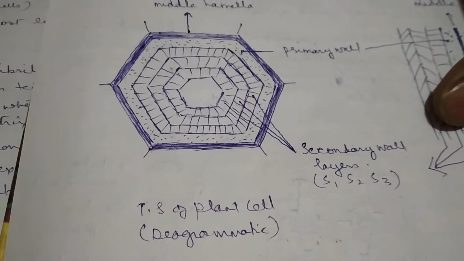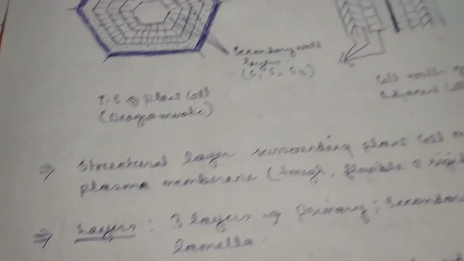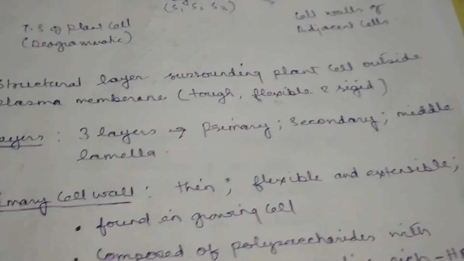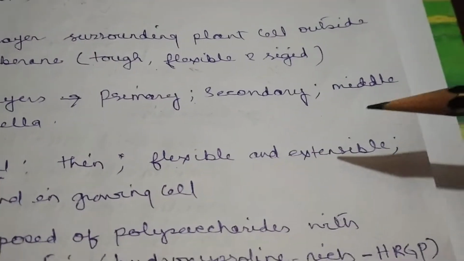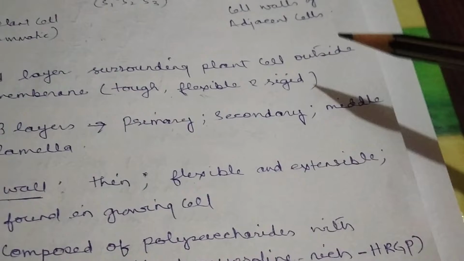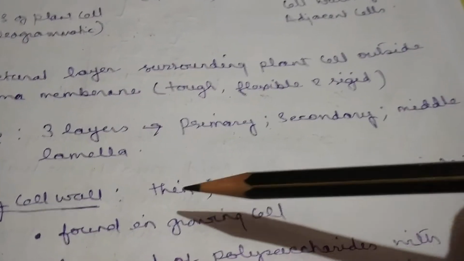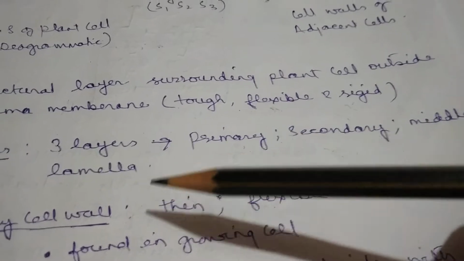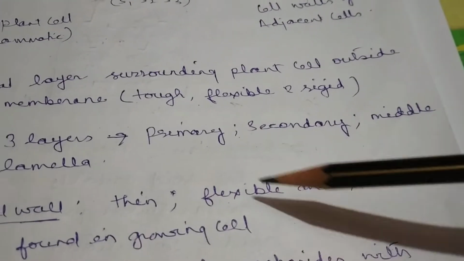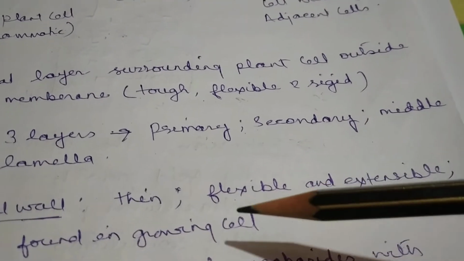The primary cell wall is thin, flexible and extensible. Thin means in comparison to the secondary cell wall, it is thin, flexible and extensible.